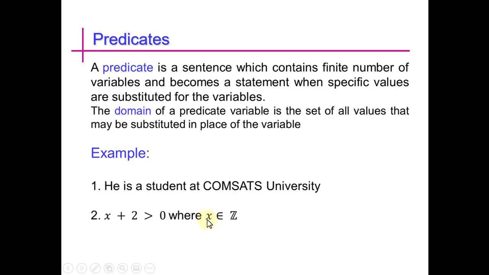But when we choose minus 3 from the set of integers and put it here, we get minus 3 plus 2, that is minus 1, is greater than 0, which is a false statement. So it is very clear that for some elements belonging to integers it is true, and for some elements it is false. So now we will collect all those elements for which this predicate is true.